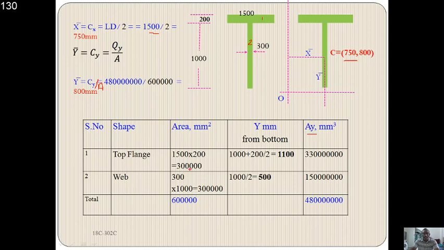Let us take the areas, note them down, and take y from the bottommost point, from this point we are calculating. For the top flange, the distance is this y1 line, from this point to this point. Therefore we need to add 1000 and 200 by 2, which gives 1100.